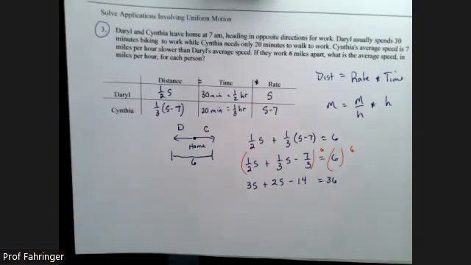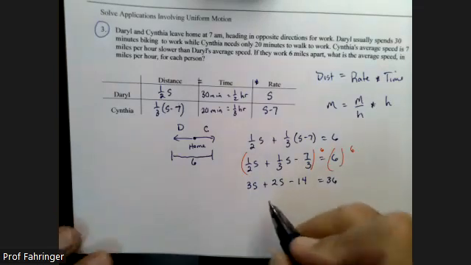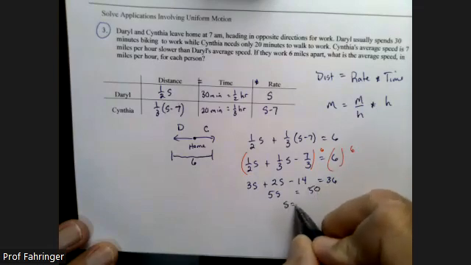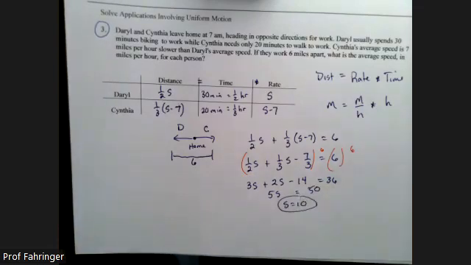What is Daryl's speed? Looks like Daryl's is 10. Cynthia is 3.